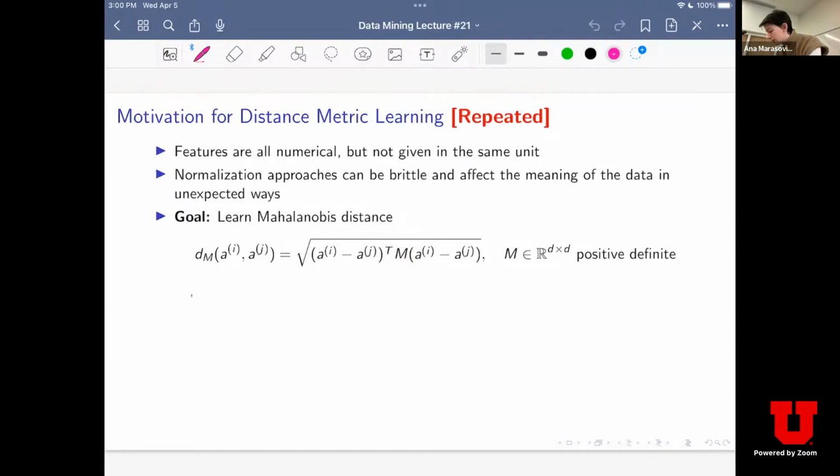In any case, defining M to be positive definite is the same as saying that the following is satisfied: if you take any vector x, times M, and then again x, you're going to get something that's positive for all x in R^D without 0.